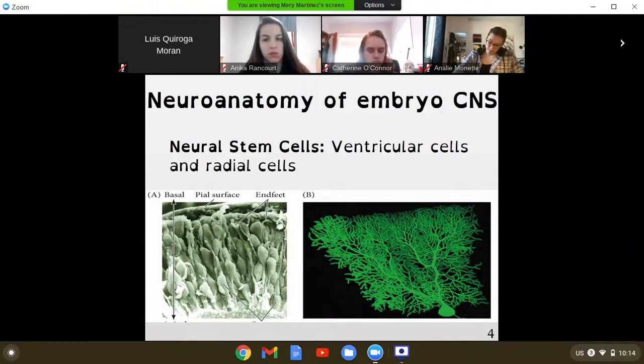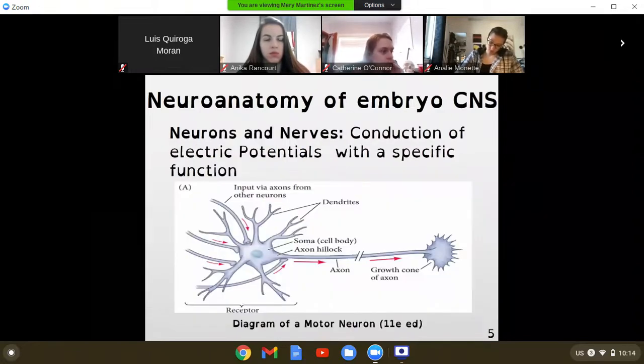These radial cells, as we will see through this course, also help during the migration of other progenitor cells and the newborn neurons. We will discuss brain growth as we go, and we're going to see how these radial cells have so many polyvalent functions in brain formation.